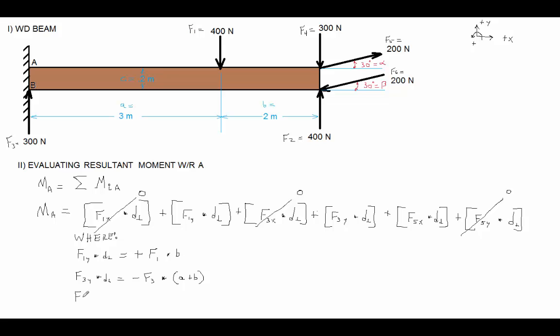And finally we have F5x. You remember there is a non-zero perpendicular distance between F5x and F6x, but the perpendicular distance between F5y and F6y is 0. To find the value of F5x, that would be cosine alpha times F5.